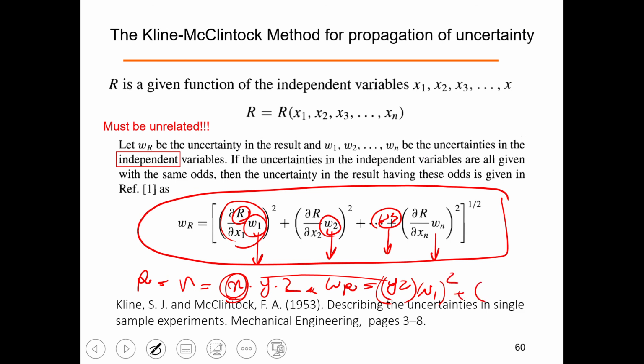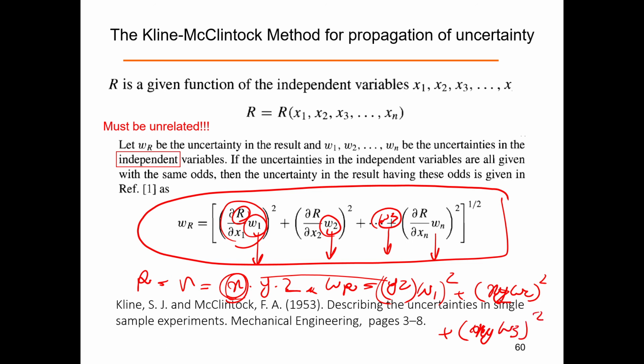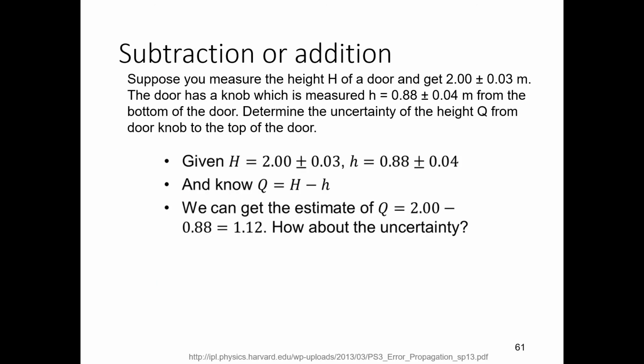Let's do the same analysis. You're going to get xy w2 squared plus, I'm sorry, that should have been xz, plus xy w3 squared. That's it. That will be your final uncertainty that you can just apply and use for this specific test that we are going to do.